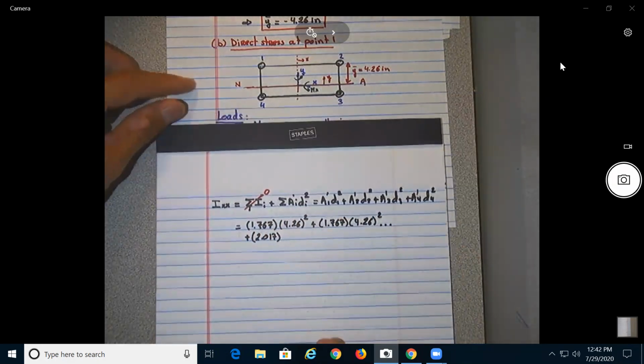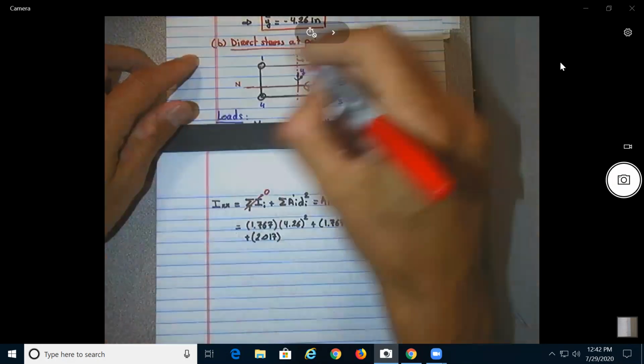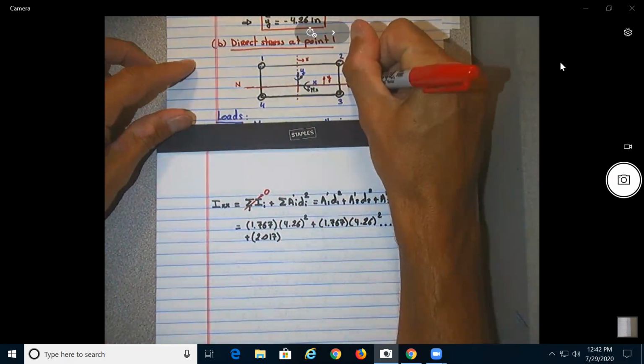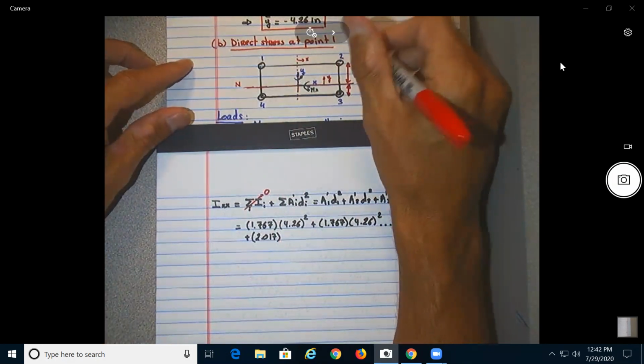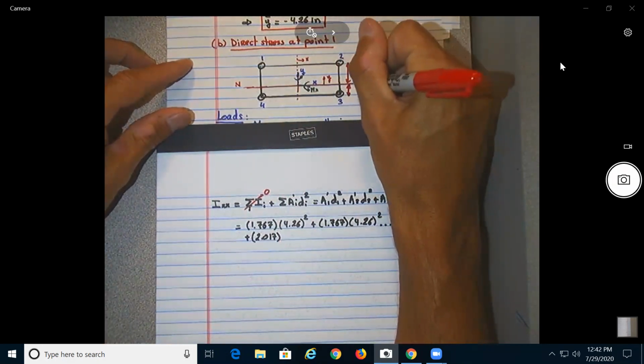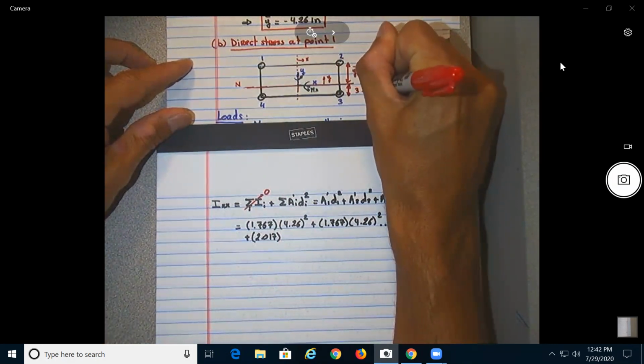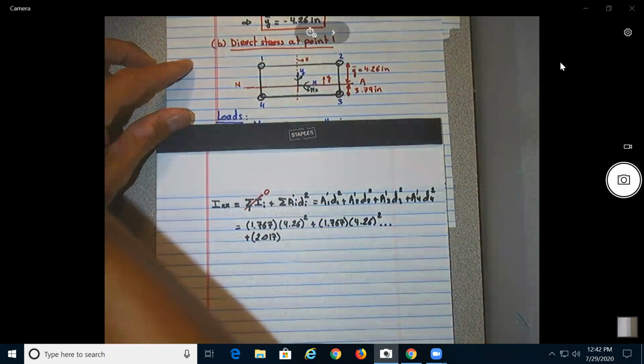Okay, so here I need to do an extra calculation. What would be that distance over here? If this is 8 minus 4.26, that will be 3.74, no? Inches. So what do we need to put over here?